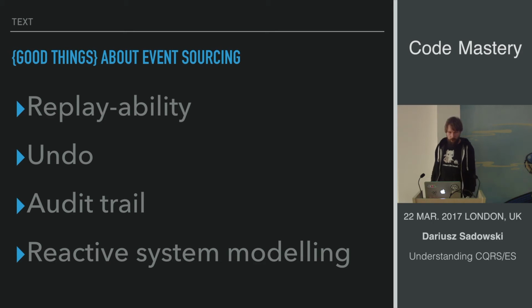And it also helps with what I call reactive system modeling. In microservice architecture, we are talking about many services holding a lot of data. Having our product database, we can say that we want to get information about a product, so we need to create a REST call to get data about this.